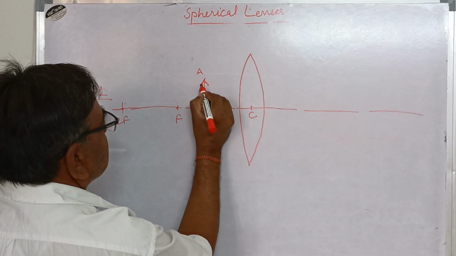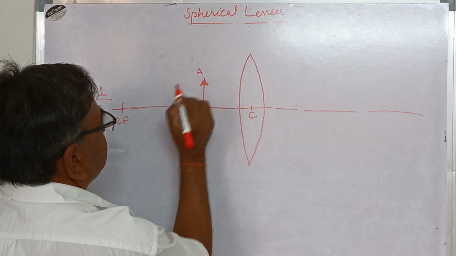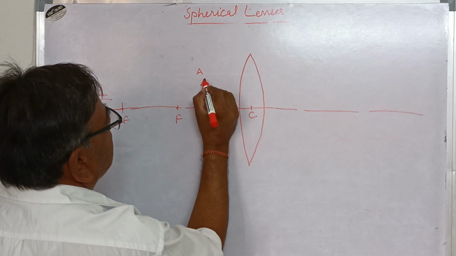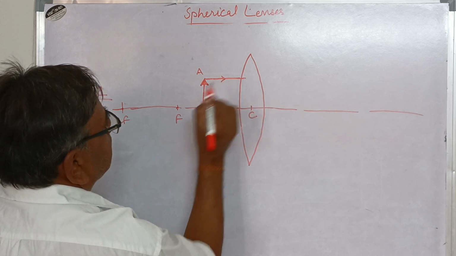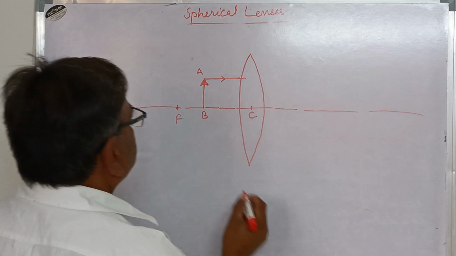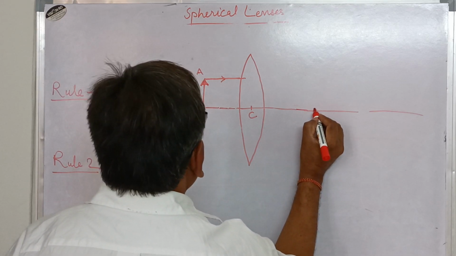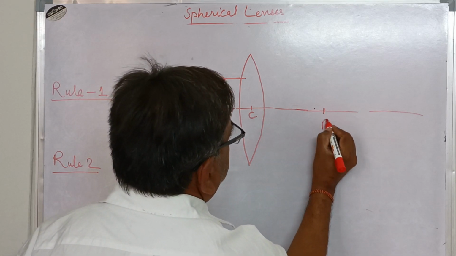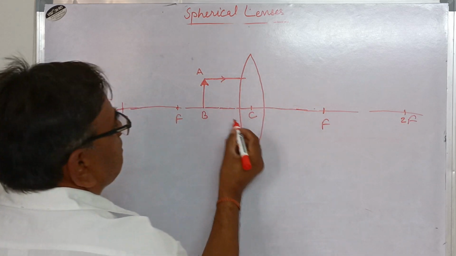Let us start from the head of this object, the point A. This is the incident ray, parallel, and after refraction, not reflection, it goes through F. What happens?